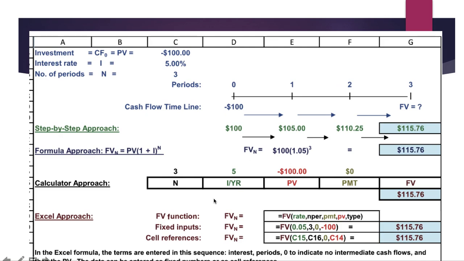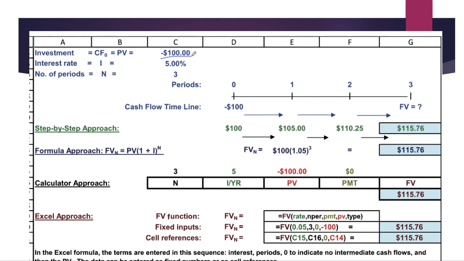Okay, so we can now visualize this in a cash flow where you might have some investment, and the initial investment or the present value is, let's say, $100.